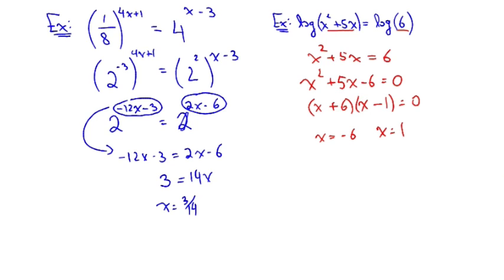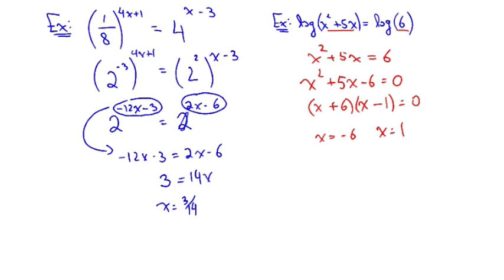Are both of them my answers? Why? Because it can't be negative 6? Why not? Because there's a 6 there, and it can't equal 0. Well, log of 0 would be kind of bad, though. But let's take 1. If I take 1 and plug it back in, you're going to get 1 plus 5, which is 6, and that equals the other side.